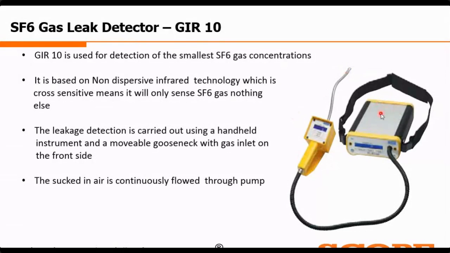Here one small motor is working. This pump is continuously sucking the air. The air is coming through here, and the sensor is installed here. Automatically it will give you the concentration where the leak detection is happening, in ppm value. This display and this display are the same, so you can see the same concentration unit here also.